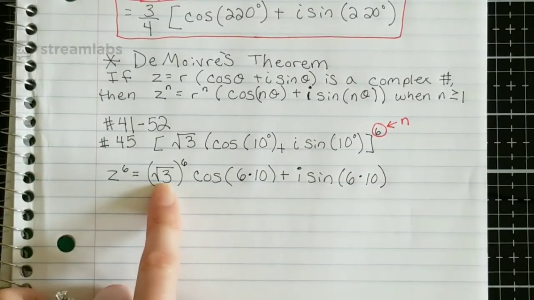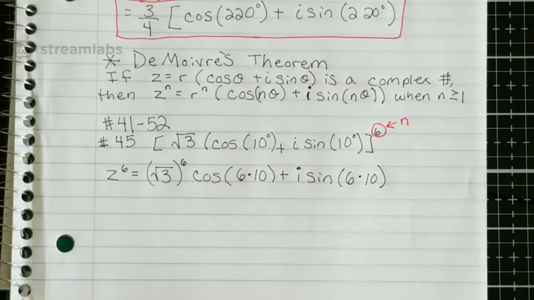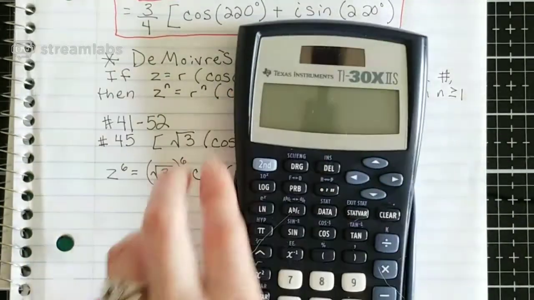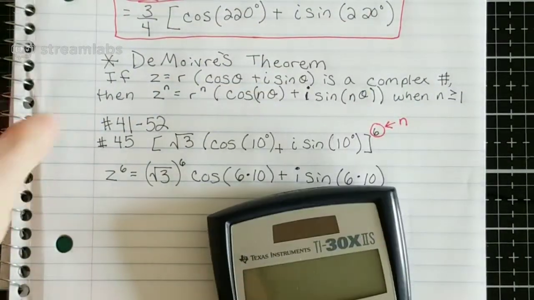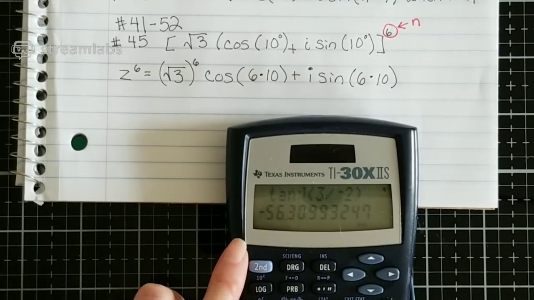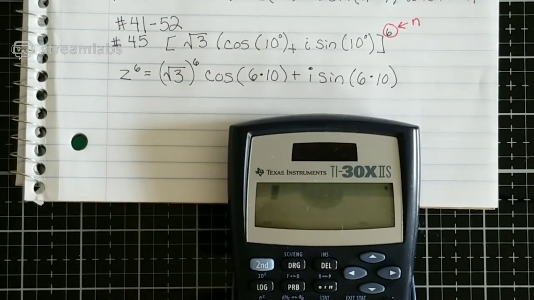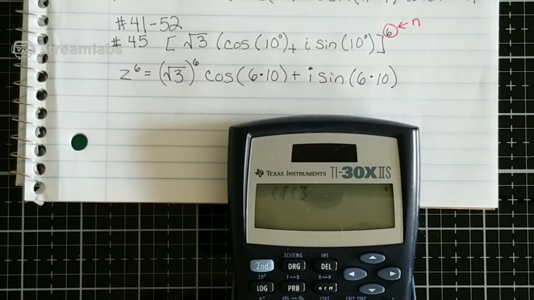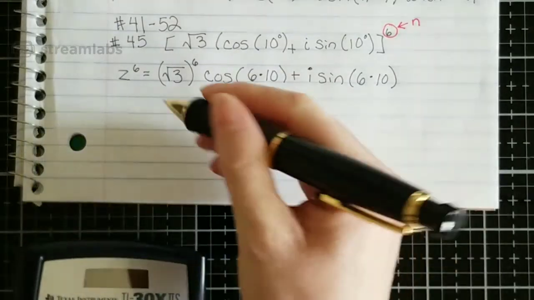For this, I would type that in a calculator and let that give you a nice answer. I would probably start with parentheses: the square root of 3 to the 6th power. That comes out nice and pretty as 27, so that's good.